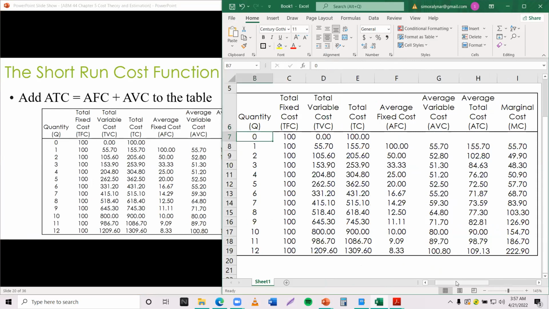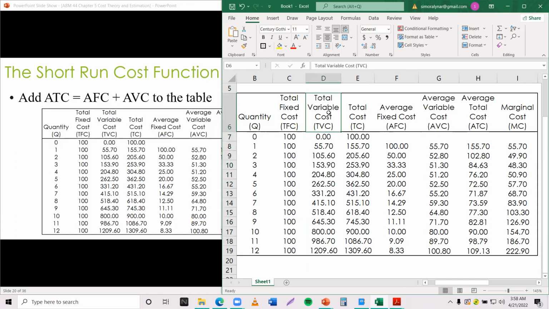We have quantity here, quantity 0 to 12. We have total fixed cost. It is fixed, so the total fixed cost is 100 throughout all the quantities. No matter how many quantities are produced, the cost is always 100, regardless of how many you will be making or producing.